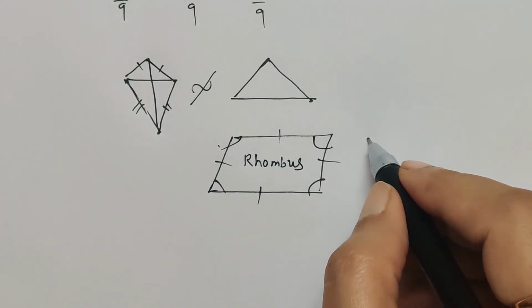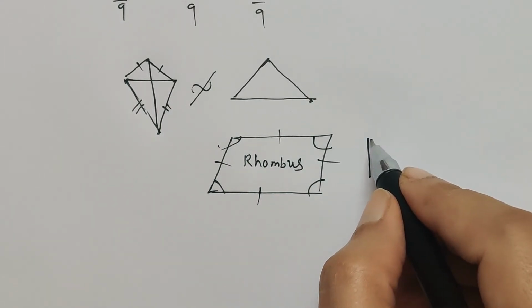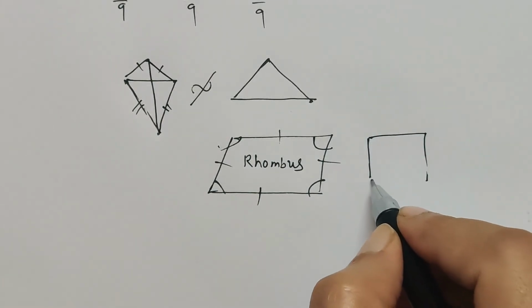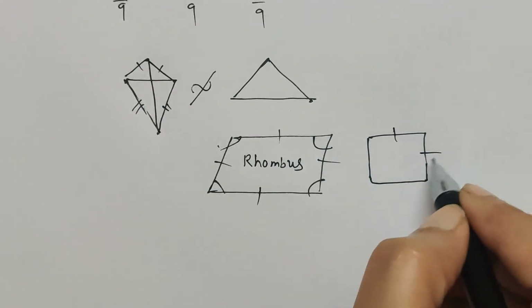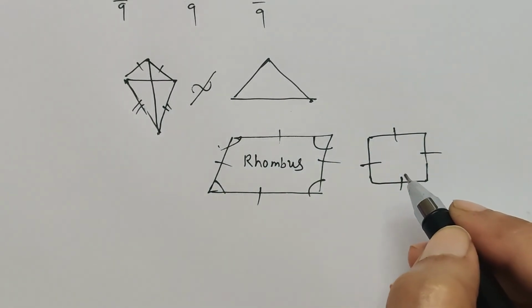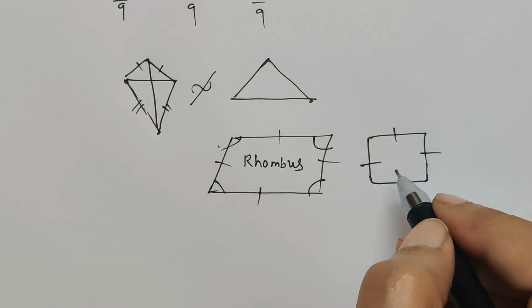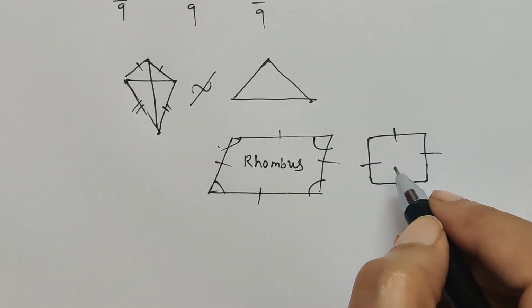But if I choose this rhombus and compare it with any other figure, let us say a square. Although in a square also all sides are equal, our focus should be on corresponding angles and the ratio of the corresponding sides.